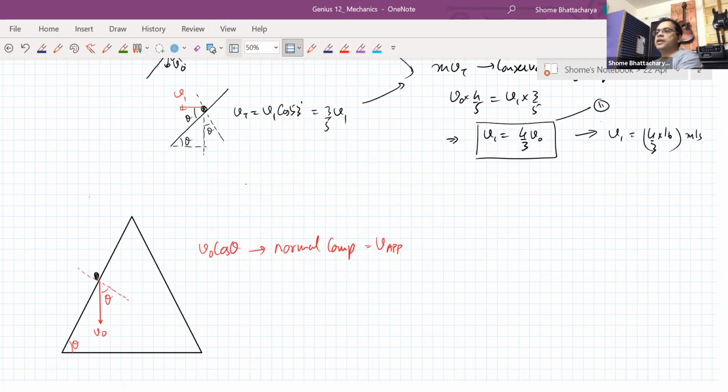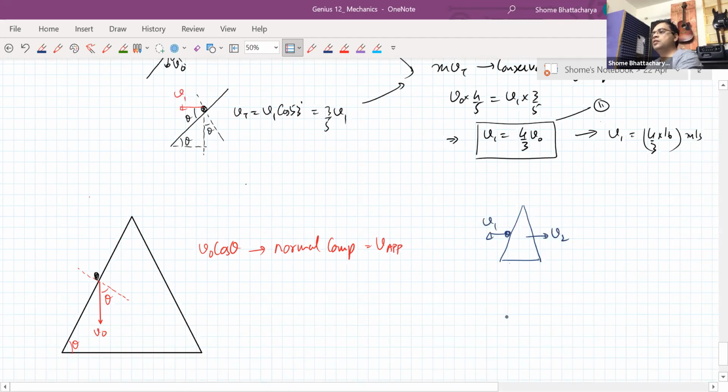Okay. And after the impact, we had a situation that this one has a velocity V2 and this one has a horizontal velocity V1. To calculate separation velocity, we can do one easy thing here. We can get into the frame of the wedge. So in that frame, the particle has a relative velocity of V1 plus V2. And that relative velocity has a component along the normal direction of how much? Sin theta.